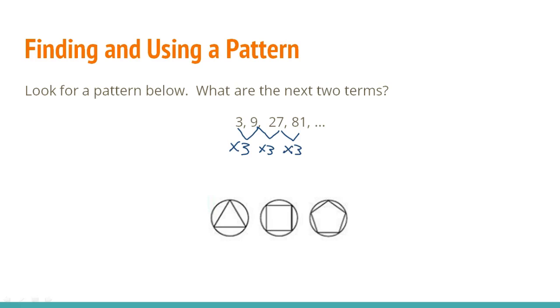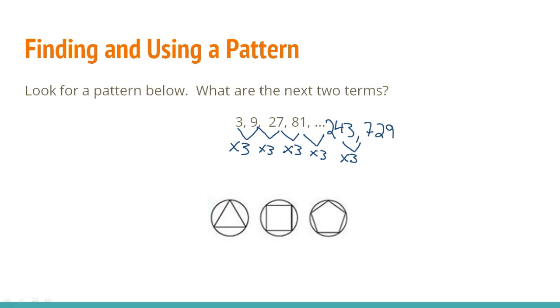So there's my pattern: I'm going to multiply each time by 3. If I do that one more time, I end up with 243. They asked for the next two terms, so we do it one more time, times 3, and that gives us 729. Those are the next two terms in the pattern.